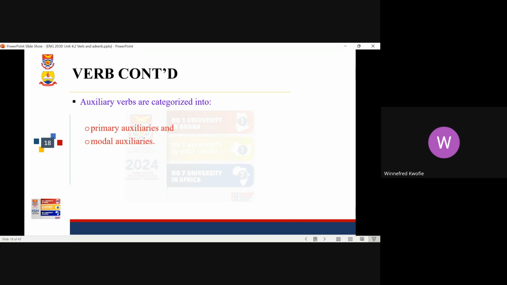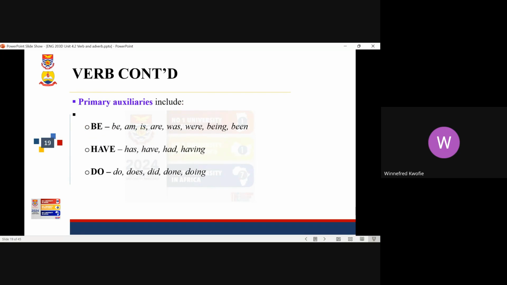So we are still focusing on the auxiliary verbs. We can talk of primary auxiliaries and then modal auxiliaries. Be, have, do. They are the various forms of be, have, do. They function as the primary auxiliaries. So for be: is, are, was, were, been.